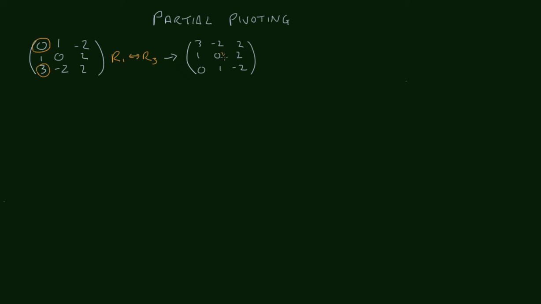The second pivot element, this one here, is 0. So again we're going to get a problem. So what we do is swap rows 2 and 3 around so that the pivot element has a larger value than the element beneath it.